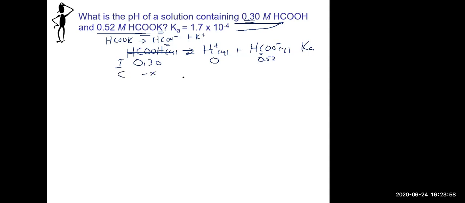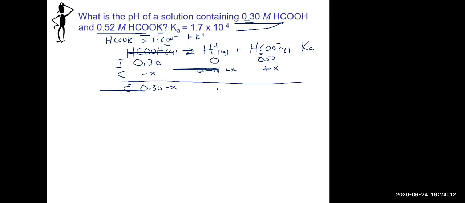This would be minus X, plus X, use the scribble, and plus X. That would give us 0.3 minus X, X, and 0.52 plus X. So if you chose to do the ICE table, this would be sort of what it would look like, hopefully with a lot less of those big lines coming through it.